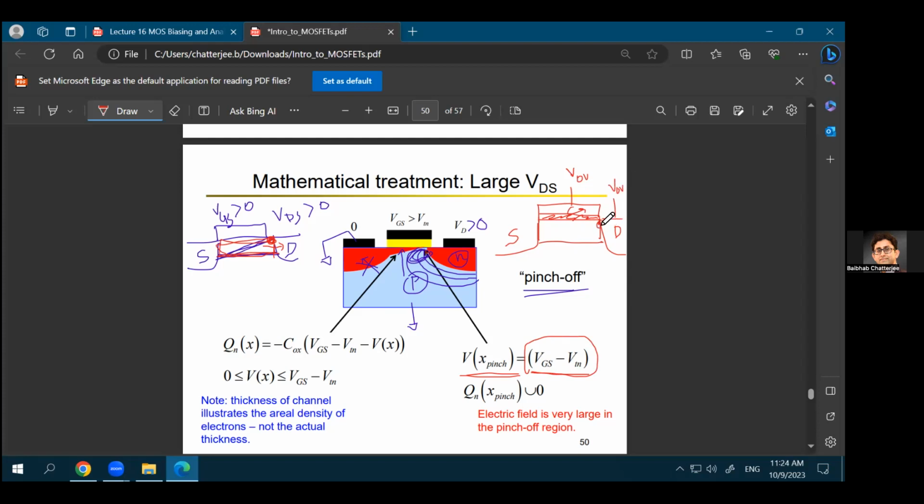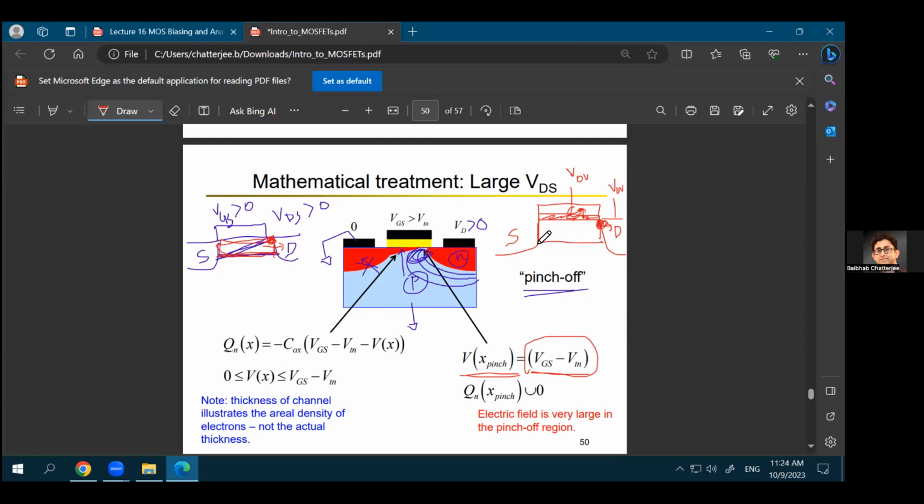At this corner, whatever electrons were created because of the voltage at the gate, all those electrons will be sucked in at the drain region, because the drain region also has the same V overdrive. So you are creating electrons in the channel region because of the V overdrive, but because the drain also has the same V overdrive, the electrons will be sucked into the drain, and you will have no electrons present in the channel near this corner.